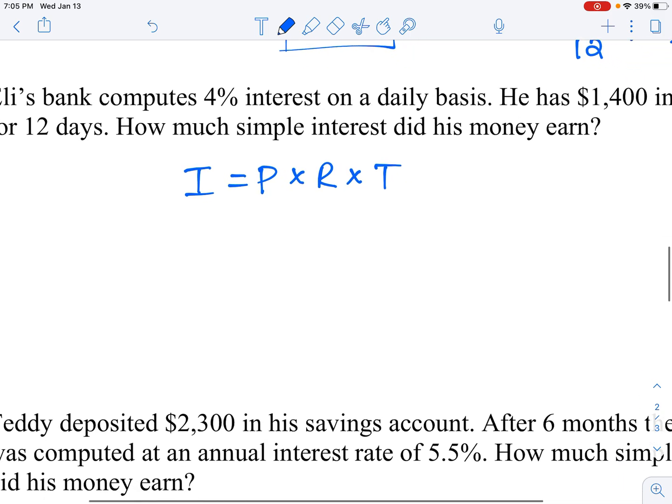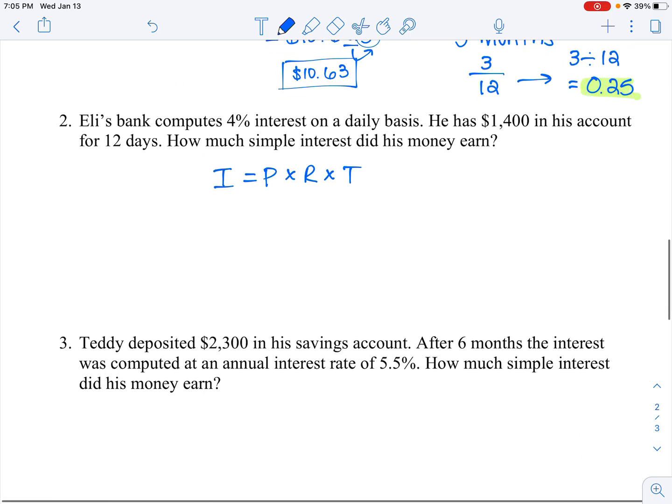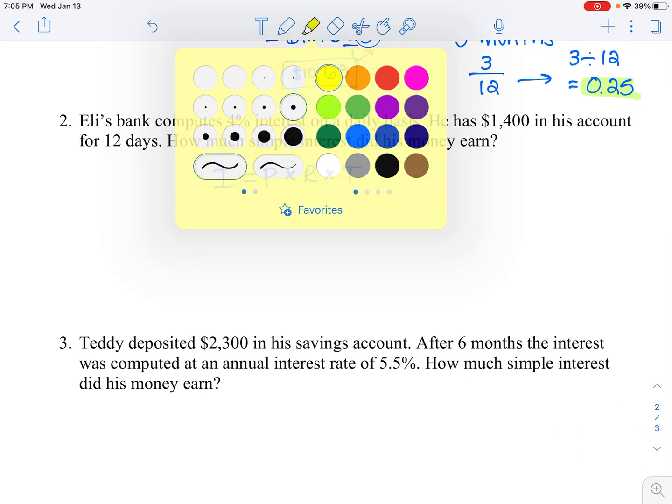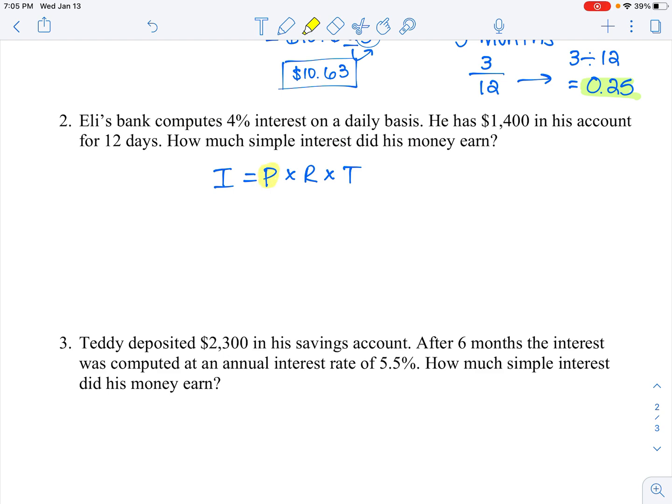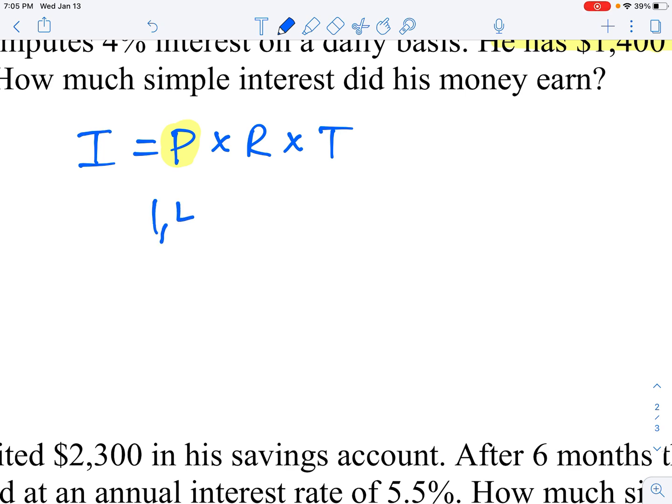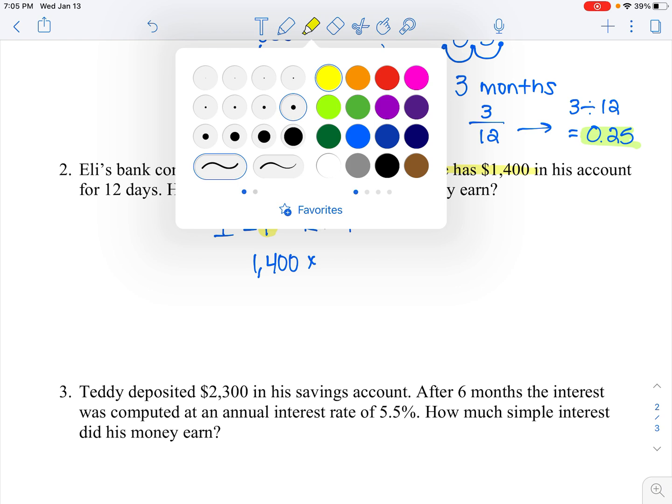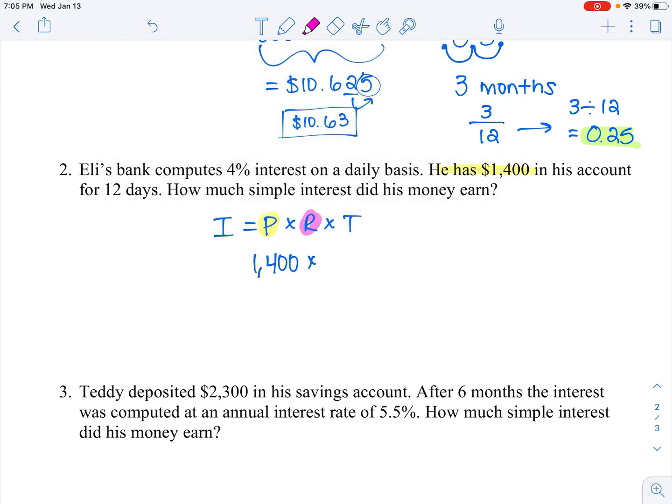P is our principal, so how much money does Eli have? We're going to start with yellow. $1,400. All right, moving on, we're going to go to pink here. R for rate, we're looking for percent. So how much percent of interest are we computing here?